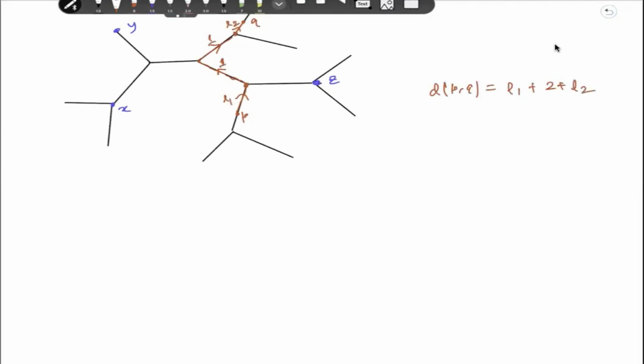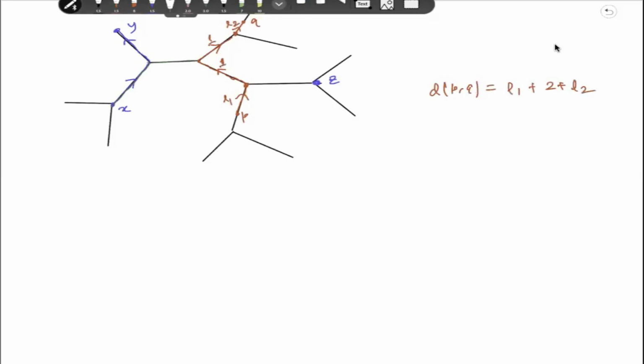So now if I take these 3 points x, y, z, what will be, first of all, the geodesic connecting x and y? This will be very simple: go from x to this vertex and then from this vertex to y. And what is the geodesic connecting x, z? There is a unique geodesic connecting x and z.